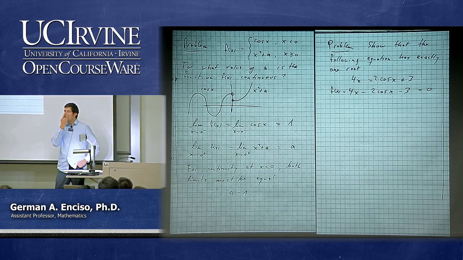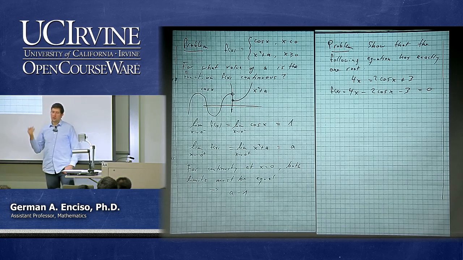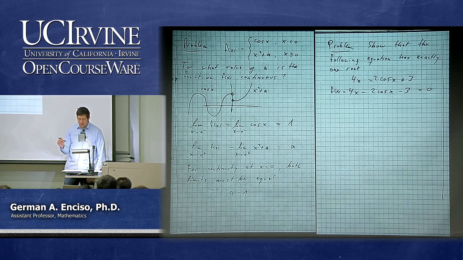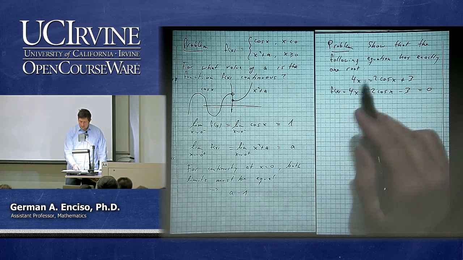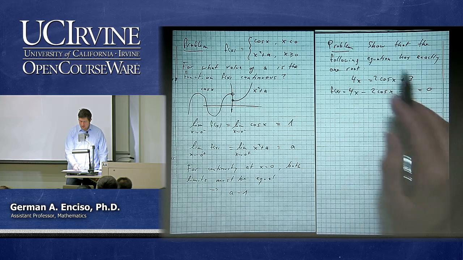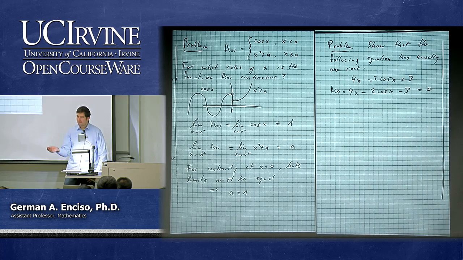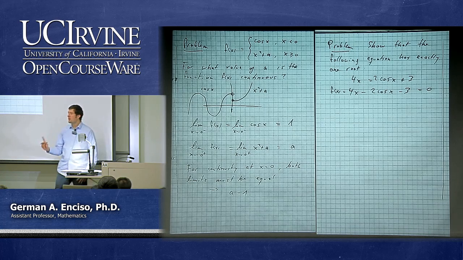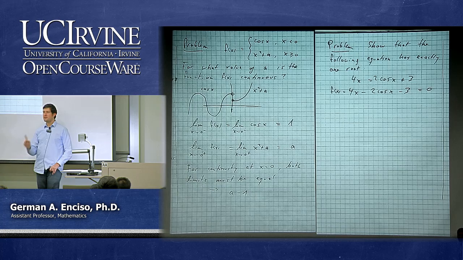Okay? Now, one important idea is the following. x is a solution of this equation is the same thing as saying that f of x is equal to 0. Do you agree? So now we're looking for x such that f of x is equal to 0.